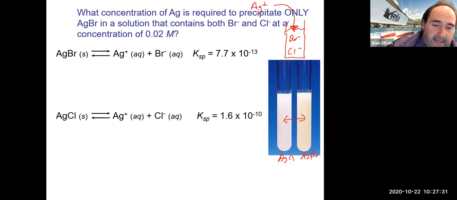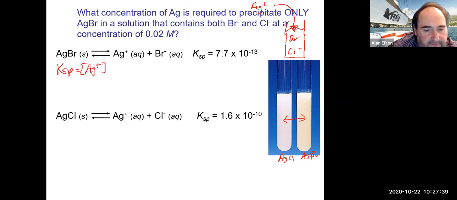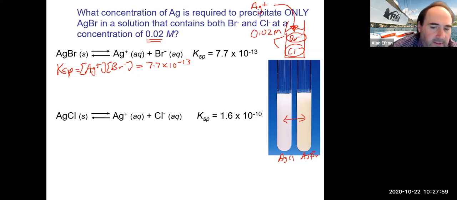So if we look at our silver bromide here and write our Ksp expression for it, it would be the concentration of silver times the concentration of bromide, and that would equal 7.7 times 10 to the minus 13. In this particular case, we actually know the concentrations. Both of them have a concentration of 0.02 molar, which was given to us.